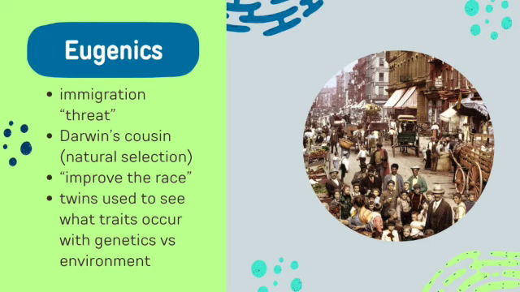There are positive eugenics and negative eugenics. Positive eugenics is basically encouraging people with quote-unquote positive and good traits to have children and reproduce, and then negative eugenics is the opposite, which is discouraging and or preventing reproduction among people who have quote-unquote negative or undesirable traits.